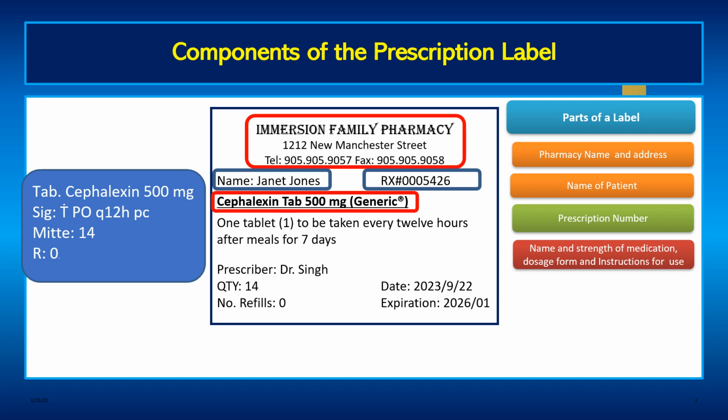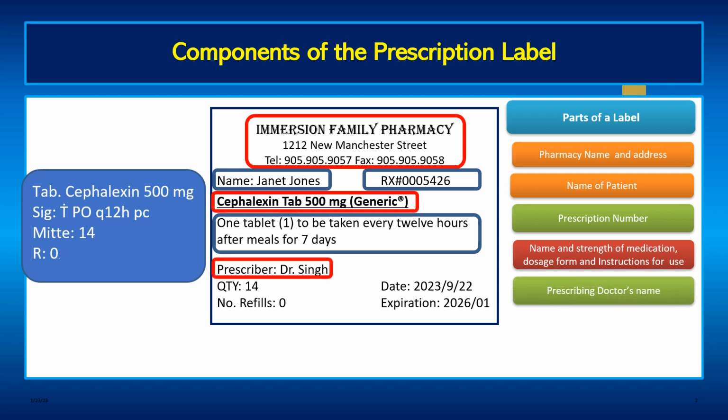Okay, and in terms of the instructions now for use, this information is represented clearly here in simple language. 1 tablet to be taken every 12 hours after meals for 7 days.